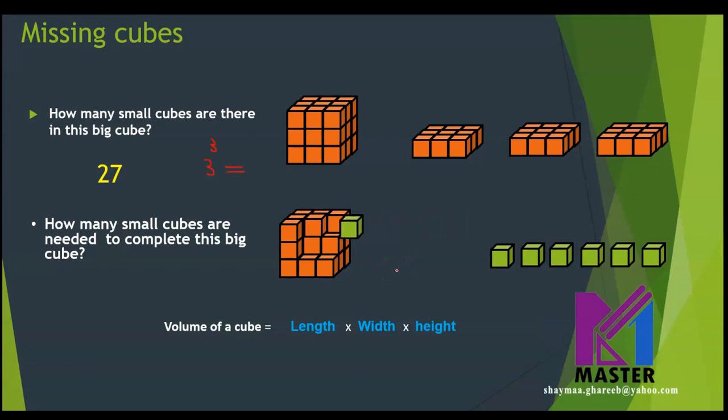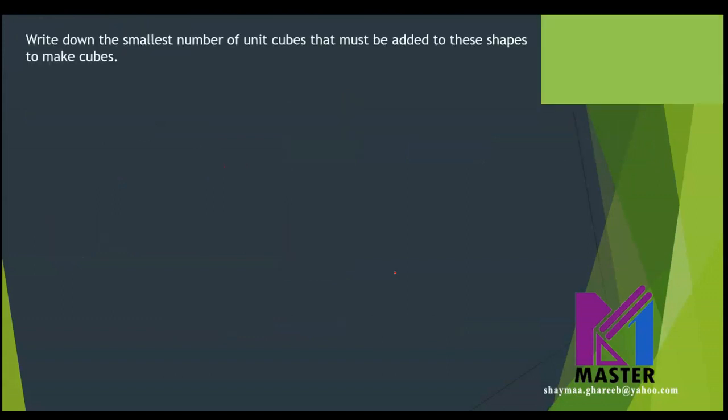I will place this here. 1, 2, 3, 4, 5. So I can look at the shape and find out how many cubes are missing. In this case, we need 5 small cubes to complete the big cube. Is this clear? Now let's see more examples.